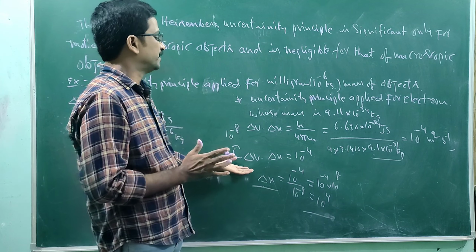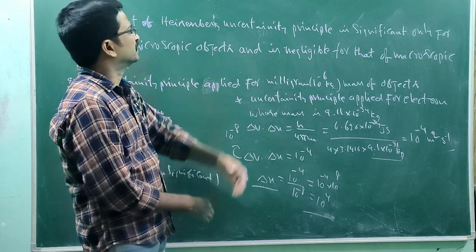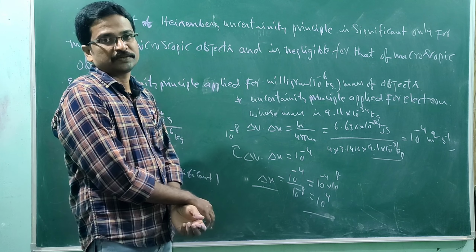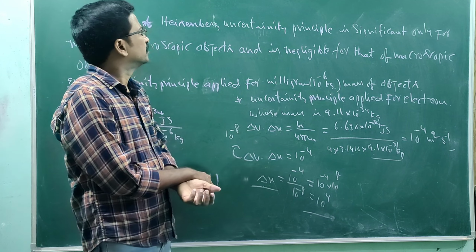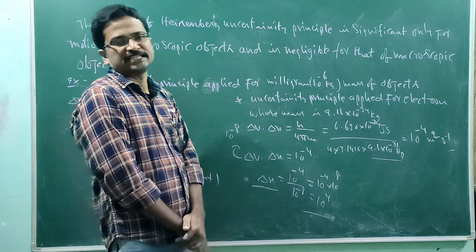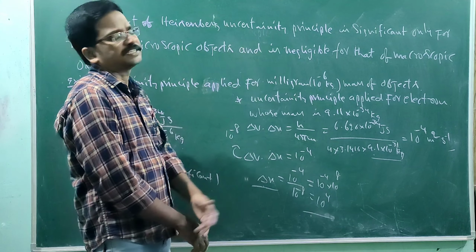So according to the Heisenberg uncertainty principle, the Bohr model fails. Some loopholes were found by the Heisenberg uncertainty principle. He was the student of Einstein.